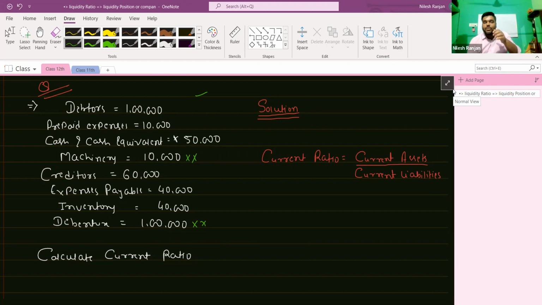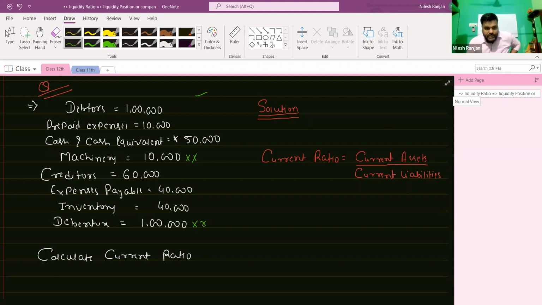Current assets means those assets which can be converted into cash within 12 months, or from which you can receive cash within 12 months. Current liabilities means those liabilities which are payable within 12 months.